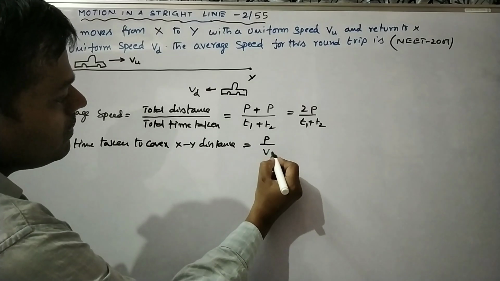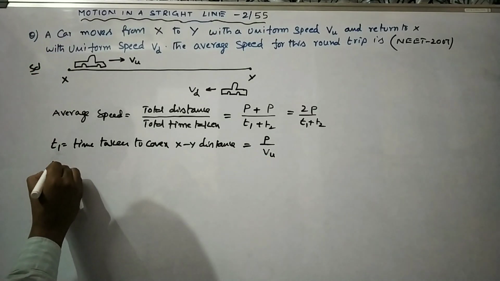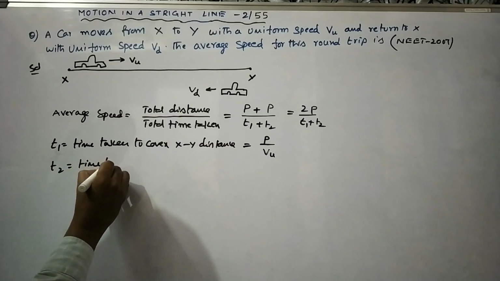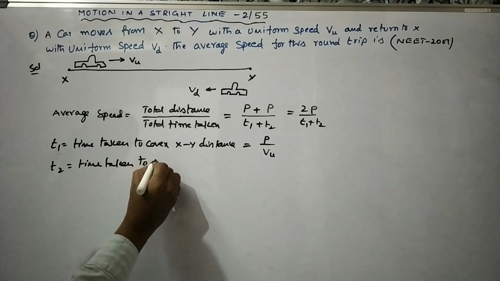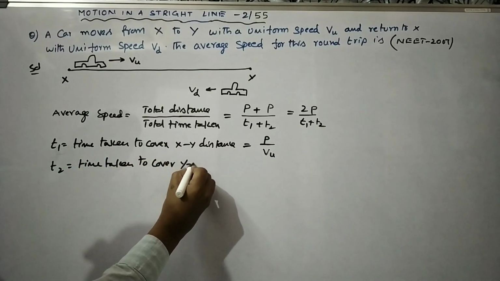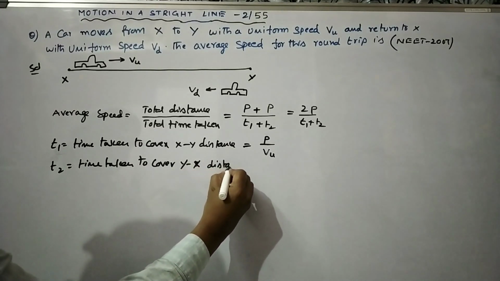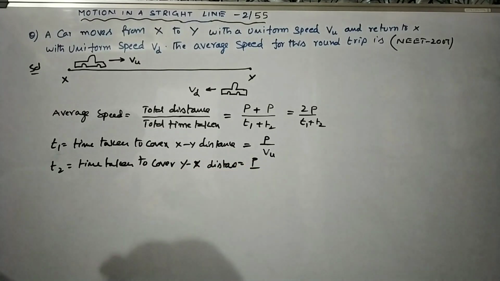vu. Similarly, time t2 is the time taken to cover y to x. The distance is the same, p, but with the down velocity, vd, with which it returns from y to x.